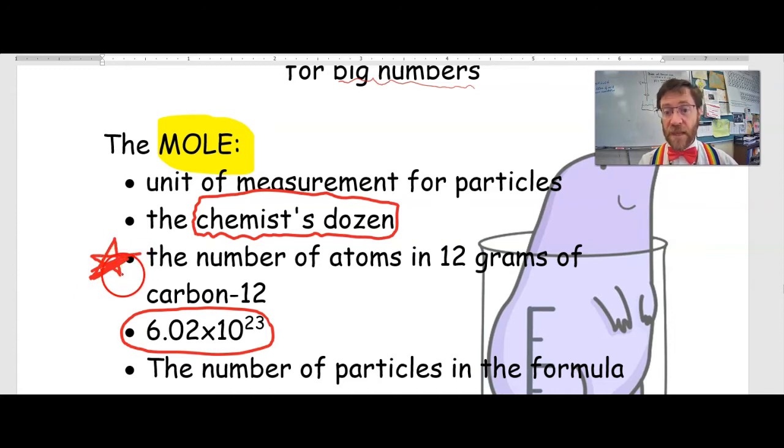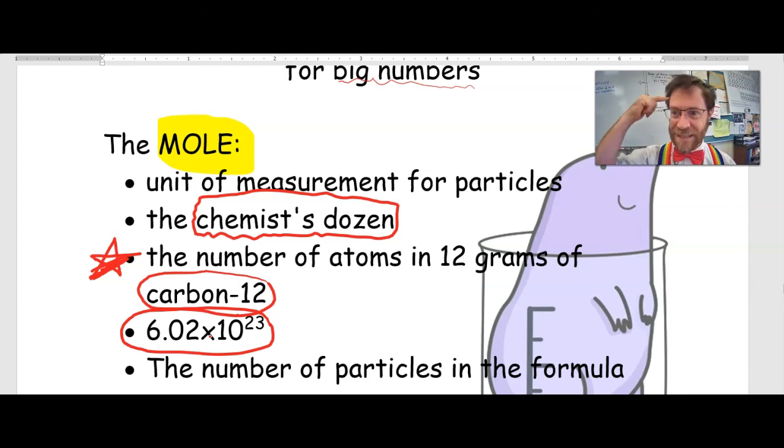So what he said is that however many atoms it takes to have 12 grams of carbon 12, and this is the clutch part, however many that number is, we will call that a mole. So he defined it first and knew that generations after him would be able to come up with the actual number once science had advanced further.